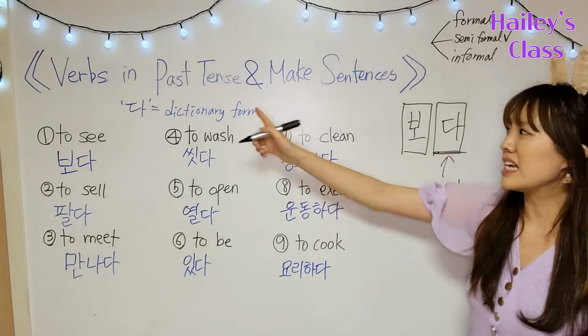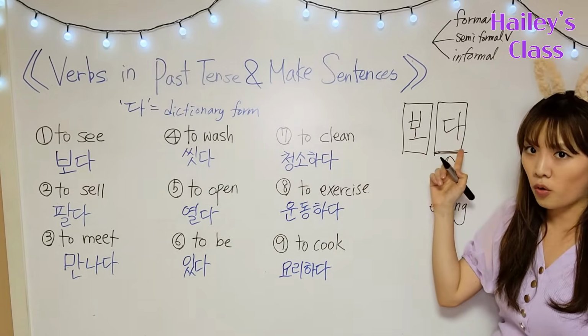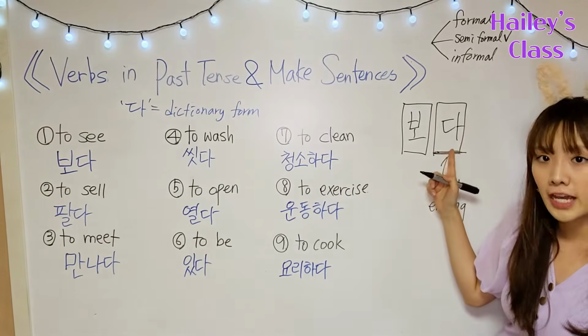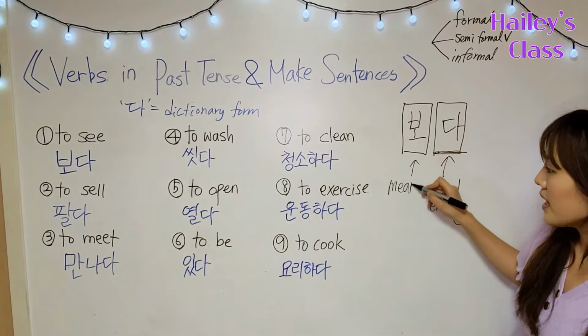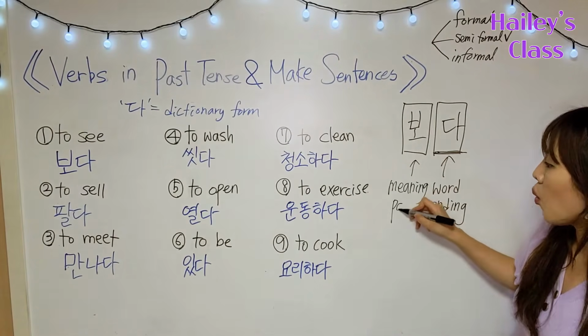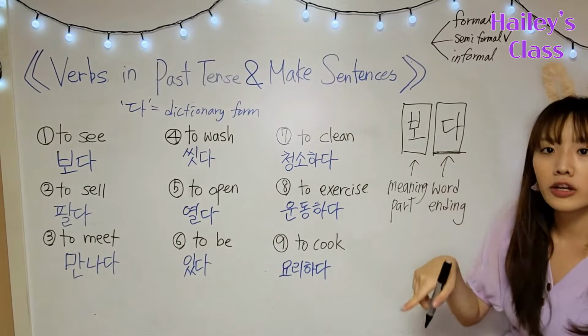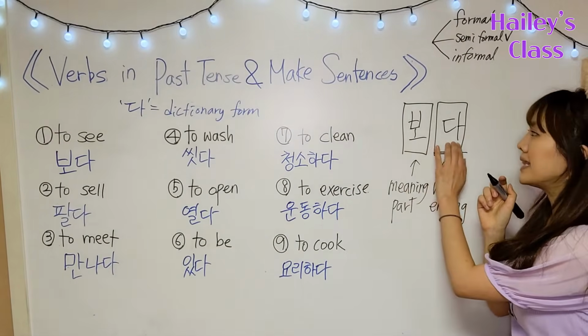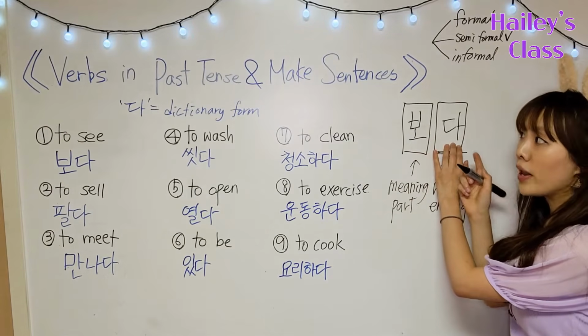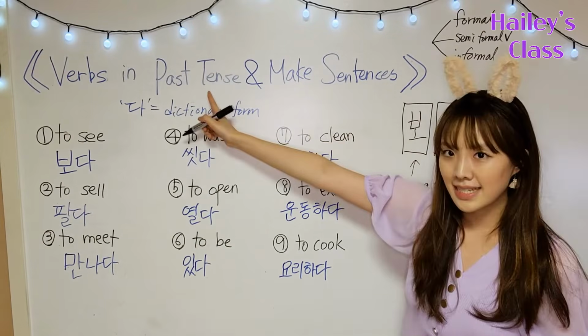This is for the dictionary form, only for the dictionary form, and this could be changed. But this one is the meaning part, so it won't change. This part will not change, but this part will change when you change to the past tense.